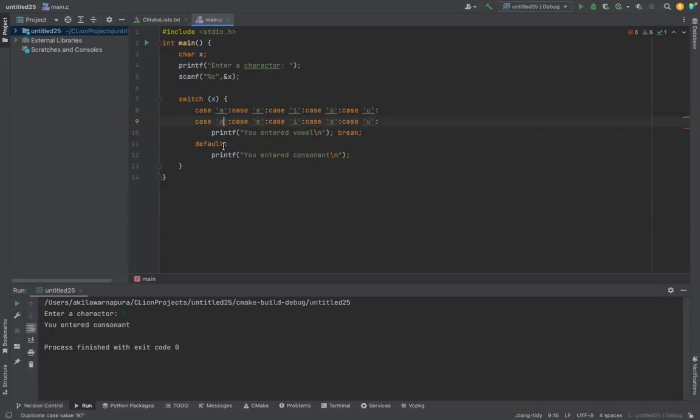Put the capital cases also: A, E, capital A, capital E, capital I, capital O, and capital U. Let's put some spaces, then we can easily identify it.